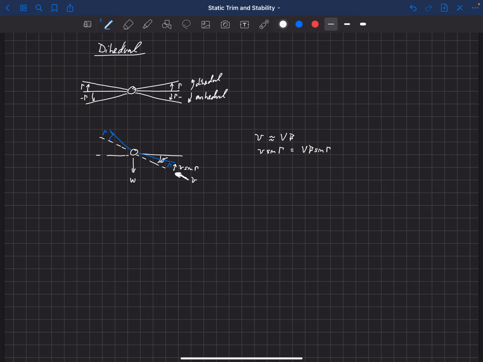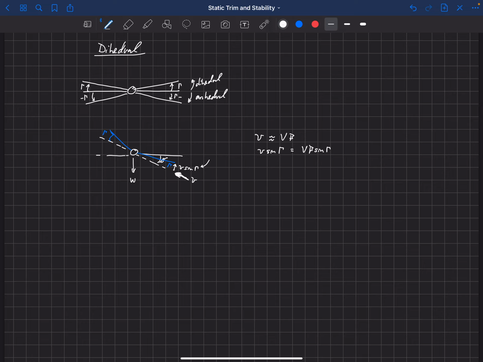So now let's look at an angle of attack alpha, or a change in angle of attack. For that, this v sine gamma that we have right here is actually our change in the vertical velocity that's going to be seen by the wing.